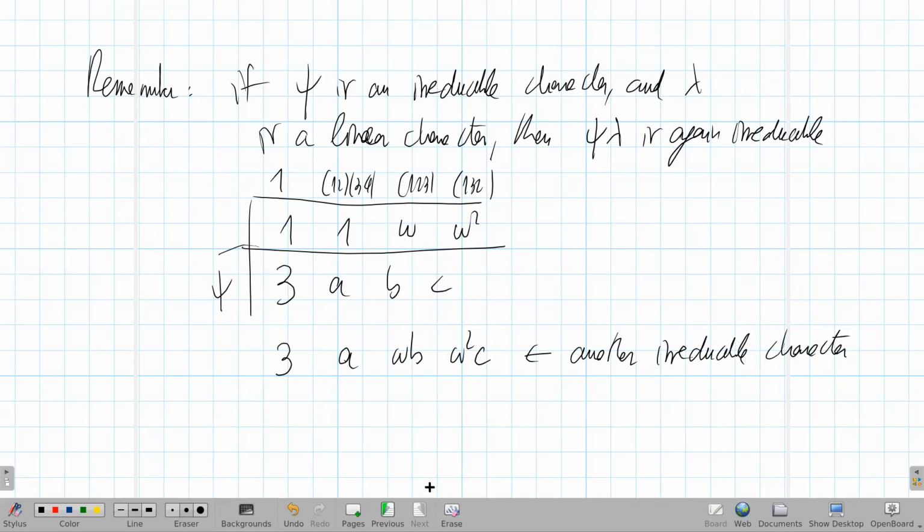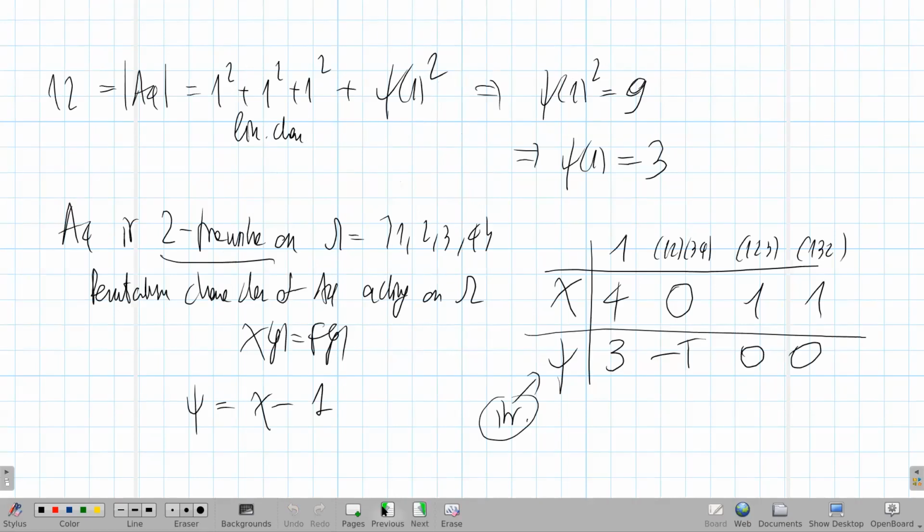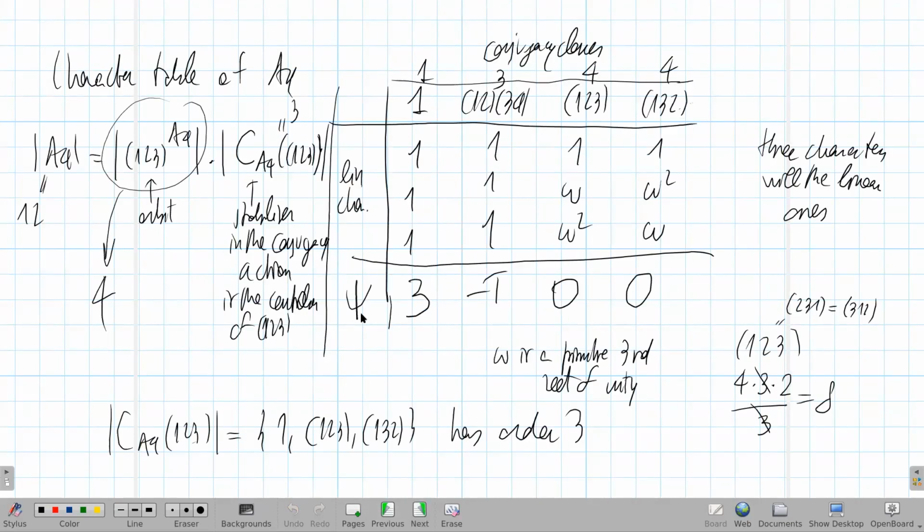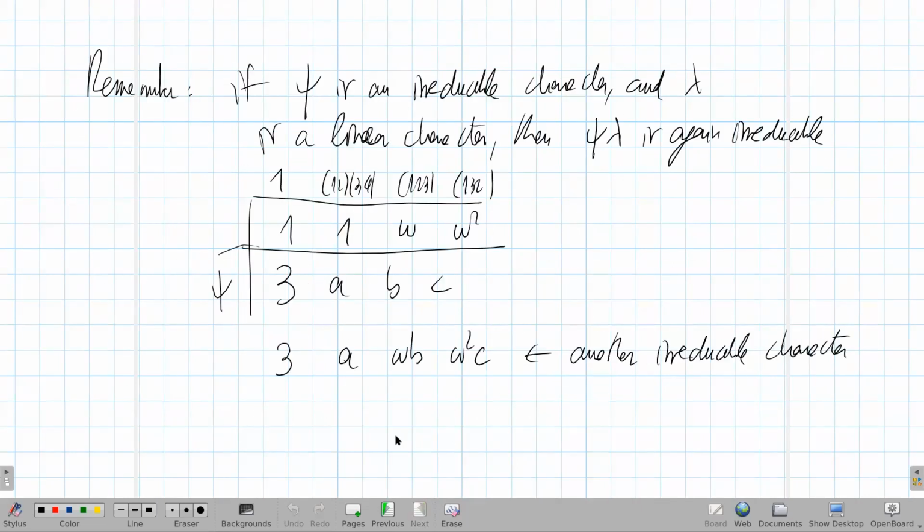But we know already from the table that there are only 4 irreducible characters: 3 are linear and 1 has degree 3. So we found another irreducible character of degree 3, but it has to be exactly the same character we already had. So this has to be psi. This means that b equals omega b, but omega is different from 1, so b is 0.